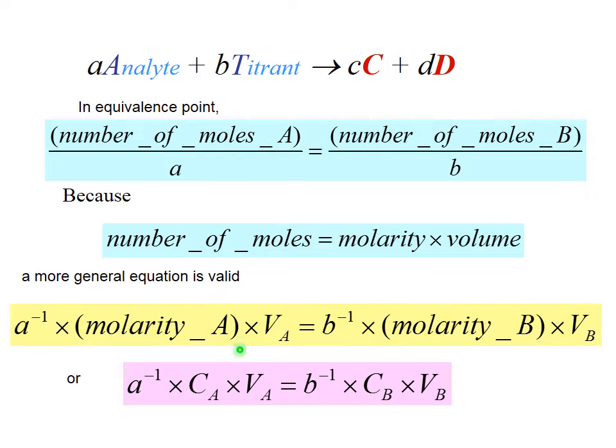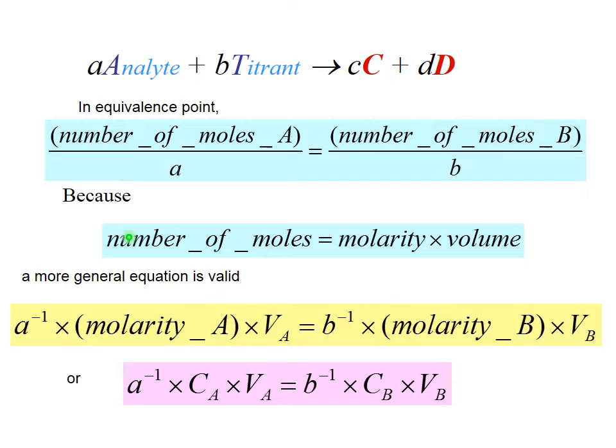If I have my reaction completed to the theoretical equivalence point, the number of moles of analyte divided by coefficient A is equal to the number of moles of titrant divided by coefficient B. Now, number of moles equals molarity multiplied by volume of solution.